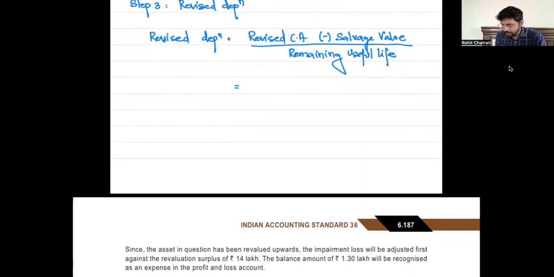So revised carrying amount is equal to 12 lakhs. Salvage value is 0. The whole divided by 3 years, which is equal to rupees 4 lakhs per annum.